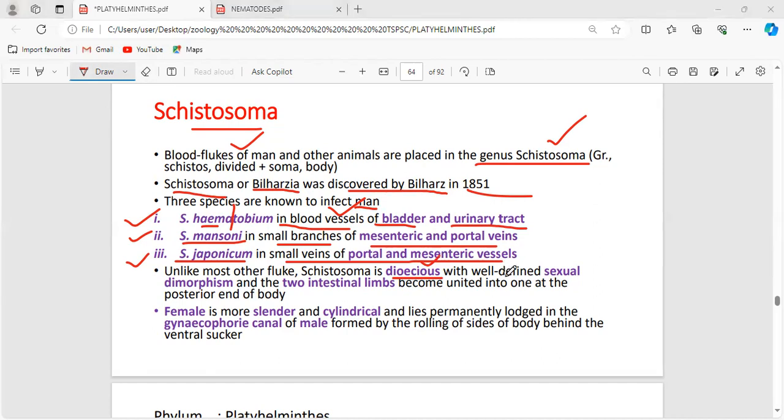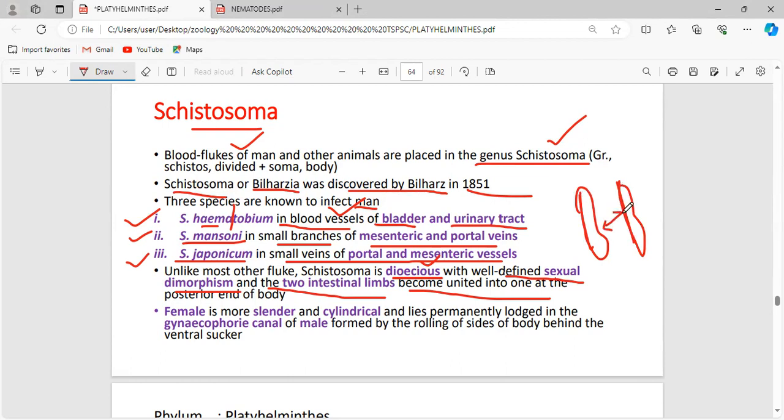Here there is well-defined sexual dimorphism, and the two intestinal limbs become united into one at the posterior end of the body. The female is more slender and cylindrical and lies permanently lodged in the gynaecophoric canal of the male. You have to remember that throughout their life cycle, the male and female coexist together. Of course, they are separate individuals, but the female and male remain in contact with each other throughout their life cycle.